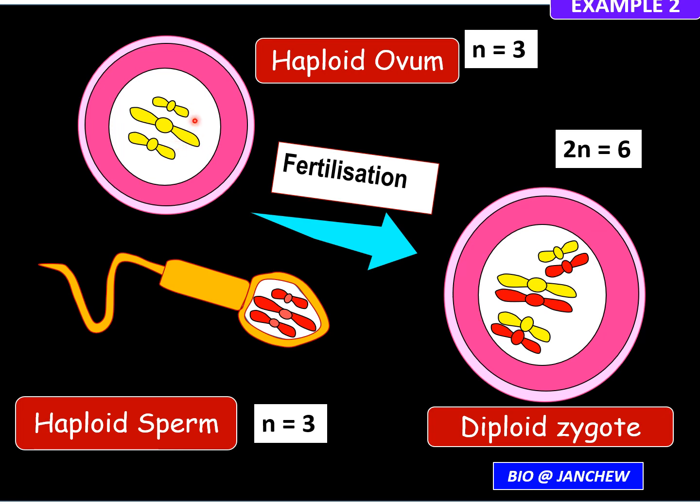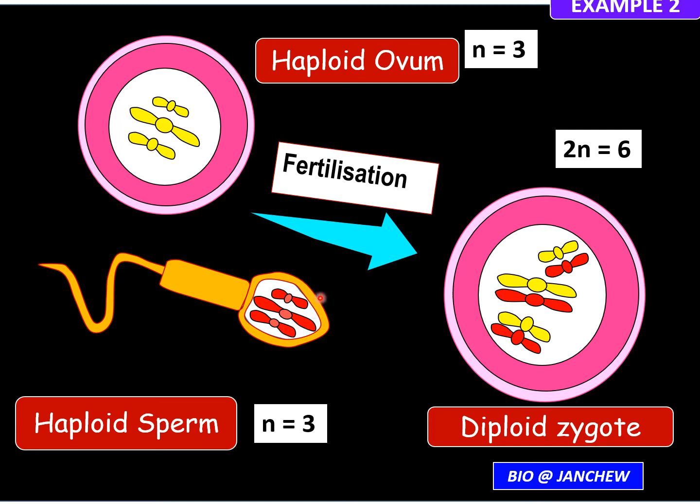When n equals 3, it means that there are 3 different types of chromosomes in the cell, and they are all carrying different types of genes, and their lengths are not the same. You have the long chromosome, the medium chromosome, and the short chromosome in this ovum. Likewise, for the sperm, n equals 3, so it also has 3 chromosomes of different lengths carrying different types of genes.